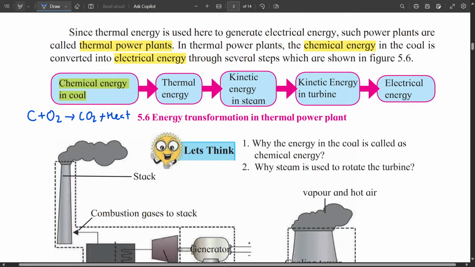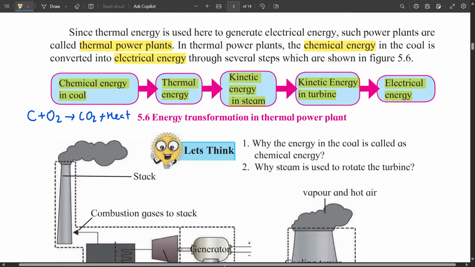Then that heat, that means thermal energy, is used to boil the water. Then we have kinetic energy in the steam, which is used to increase the kinetic energy of the turbine, which is then fed to the generator and ultimately electric energy is formed. So this is the energy transformation in the thermal power plant.